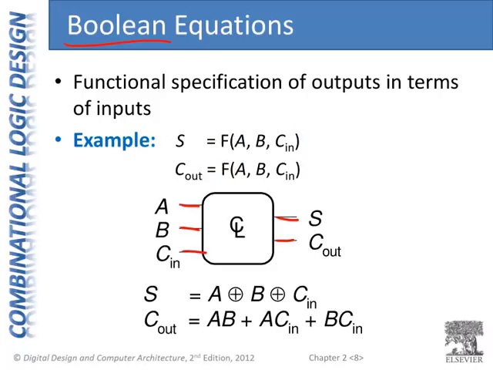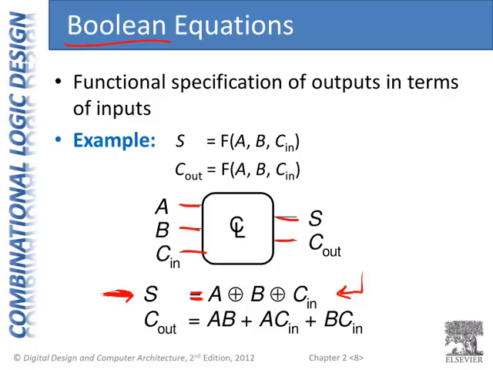And now that we know that these outputs are some function of the inputs, we can now specifically write what that function is. And here is a Boolean equation saying what the relationship between the S output is as determined by the inputs A, B, and C in. So in this case, S is the 3 input XOR of A, B, and C in.